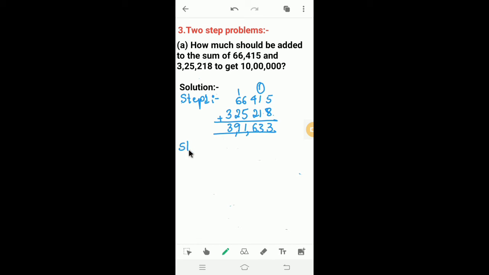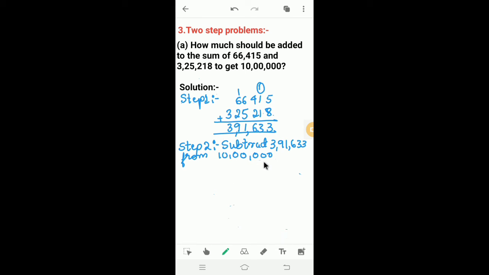Next step. Here we have to subtract this answer, that is 3,91,633, from 10 lakh.